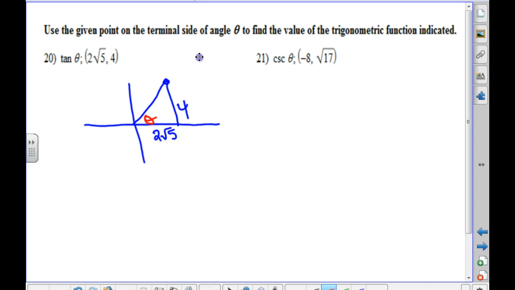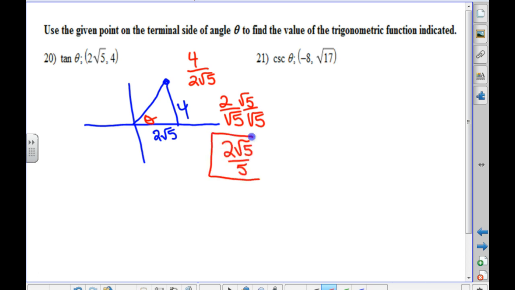So what would we have? Which reduces to 2 over the square root of 5, which then rationalizes to what? 2 square roots of 5 over 5? Could they get uglier numbers? Probably.